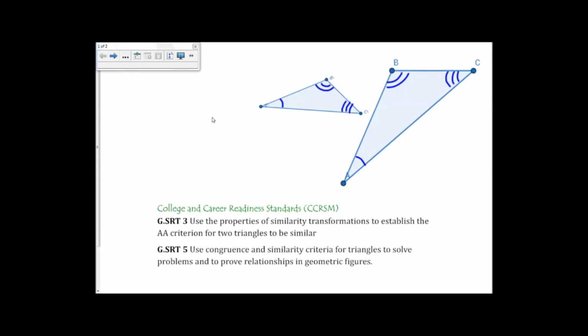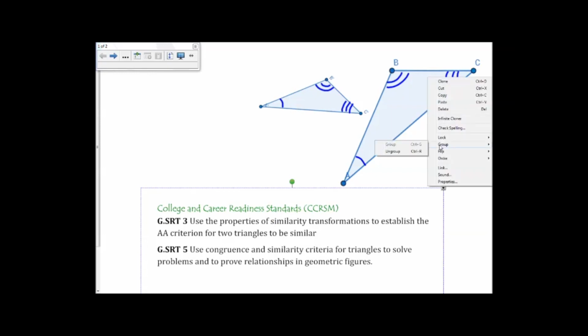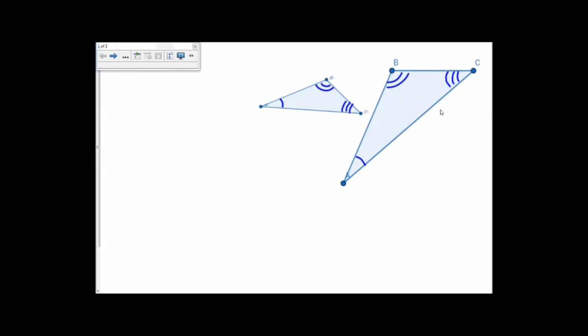The standard says to use the properties of similarity transformations to establish the angle-angle criterion for two triangles to be similar. The same way we established it for congruence, I'm going to show you a sequence of rigid motions and dilations, meaning similarity transformations, that will map one onto the other.